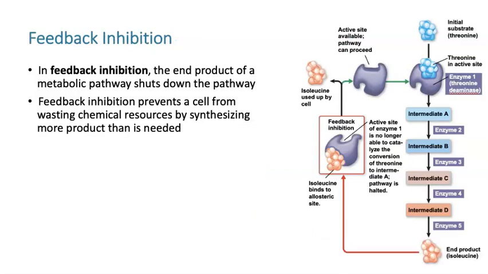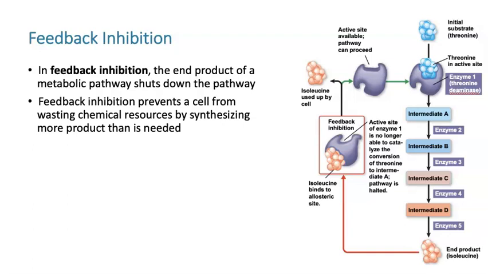There's also something called feedback inhibition. And I think feedback inhibition is really interesting because what happens is that the end product of a long metabolic pathway, once you get a lot of those end products being formed, will bind to something called the allosteric site.